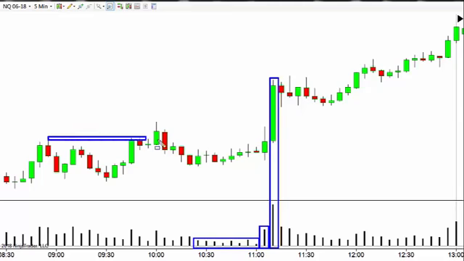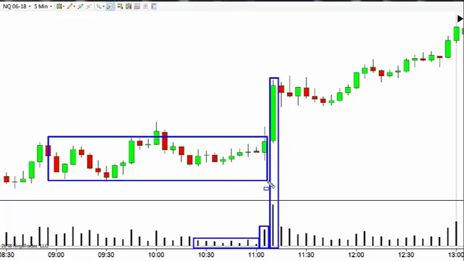So if we take this high here and we bring it over into this zone, this bar is still inside of that sideways action during lunchtime, but we get some big volume coming in. And it's still before we break out of even this high. So that would be an aggressive way.